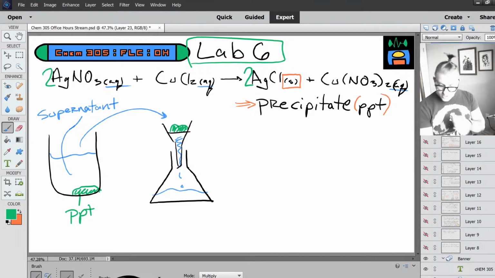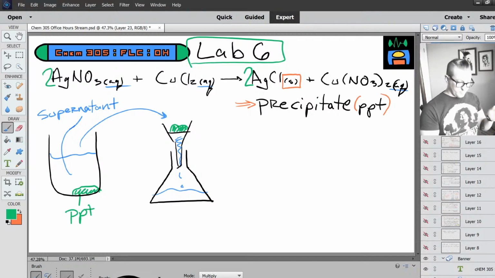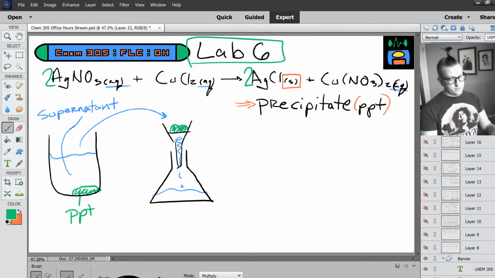Filtration is how you separate your precipitate from your supernatant.